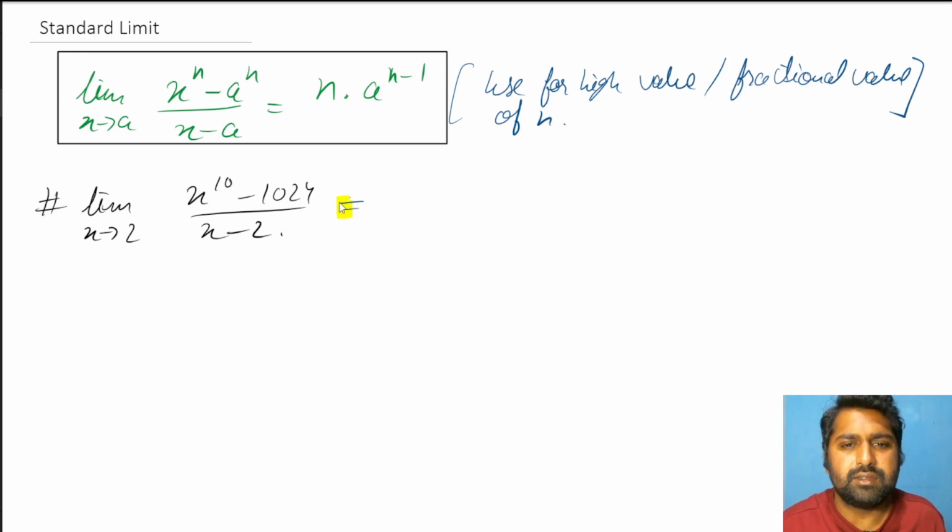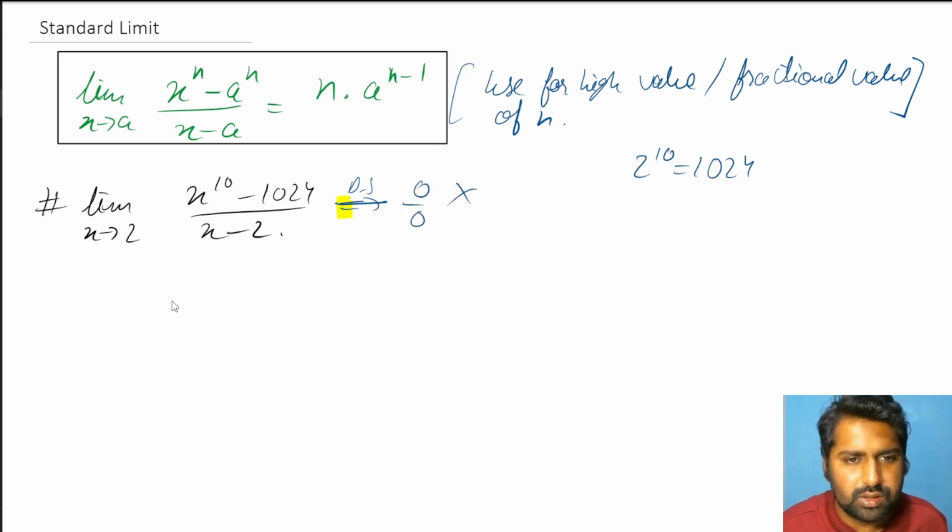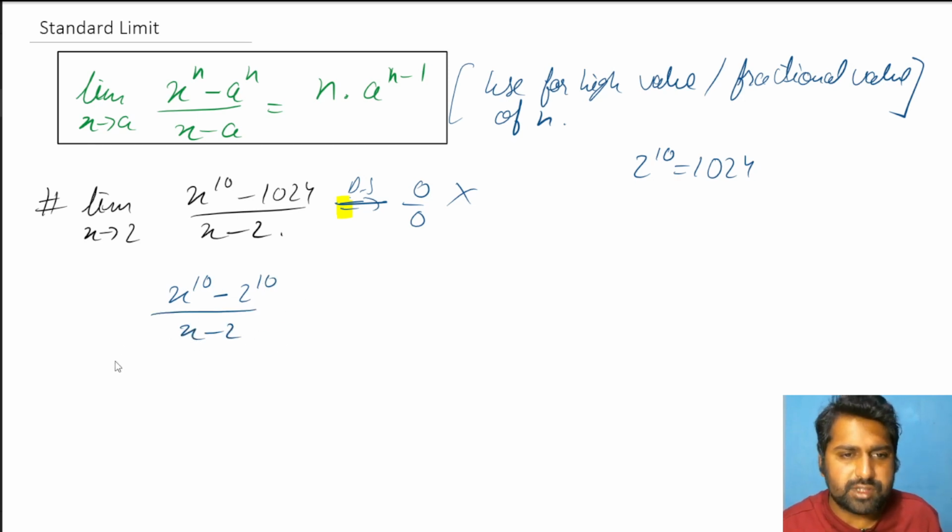Okay. And again, direct substitution will not work, because if you calculate 2 raised to power 10, that's 1024. So numerator will also be 0, denominator will also be 0. So it doesn't work. So let's rewrite this as x raised to power 10 minus 2 raised to power 10 upon x minus 2. By comparing, first of all, you can see for yourself that your n is 10, your a is 2.